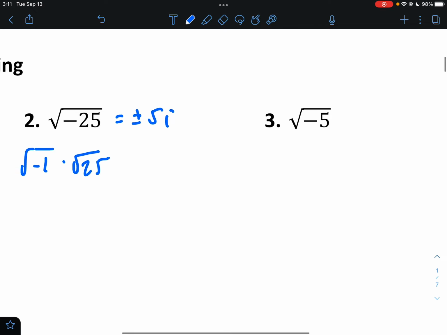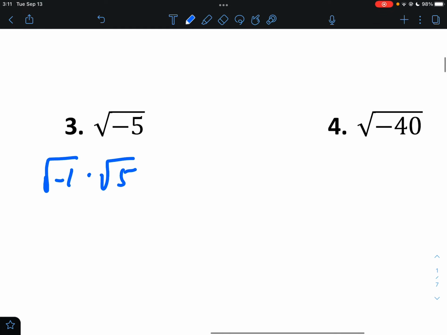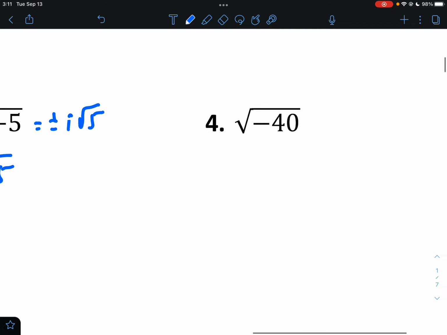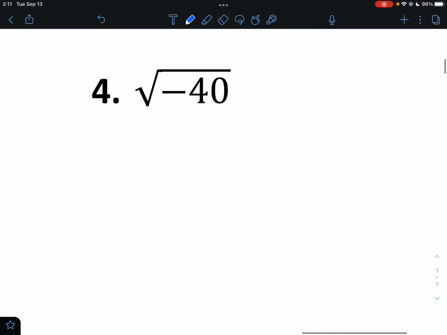Number 3, we can write this as root negative 1 times root 5. So this would be plus or minus i root 5. We don't really know what the square root of 5 is, so it's just root 5. And then finally root 40. So we get root negative 1 times root 40.